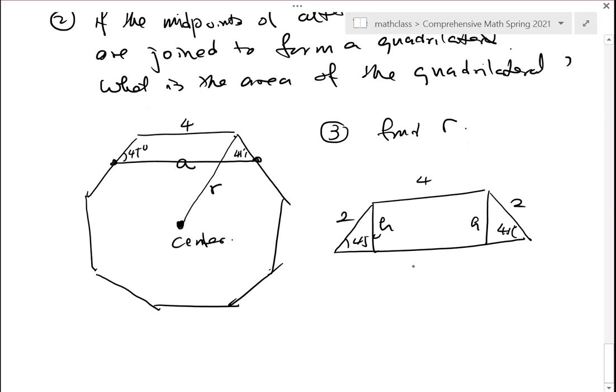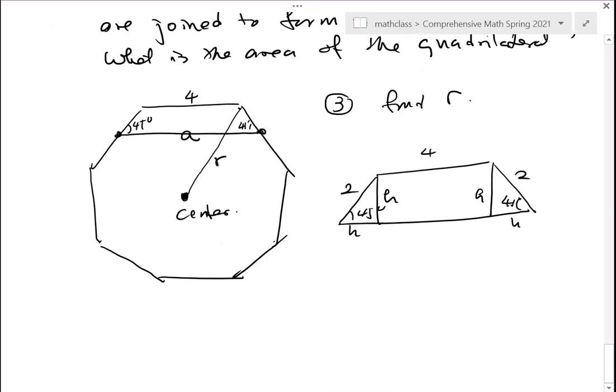So this is H, and this is also H because it's an isosceles right triangle. So the H is going to be 2 over square root 2, right? Which is square root 2, clear? It's not that complicated. So then A is going to be 4 plus 2H. So it's 4 plus 2 square root 2.